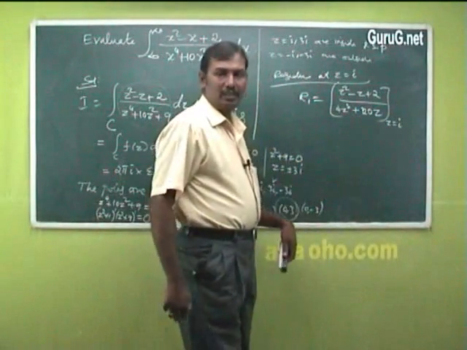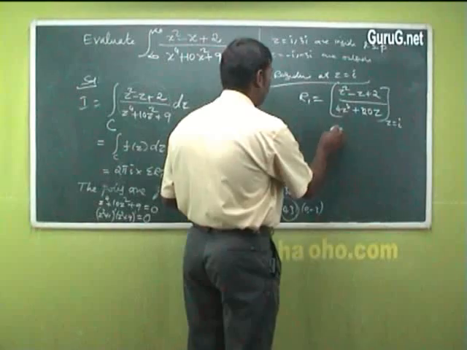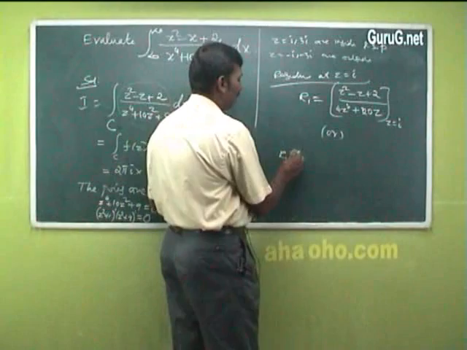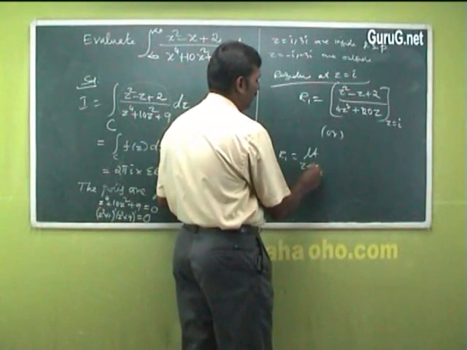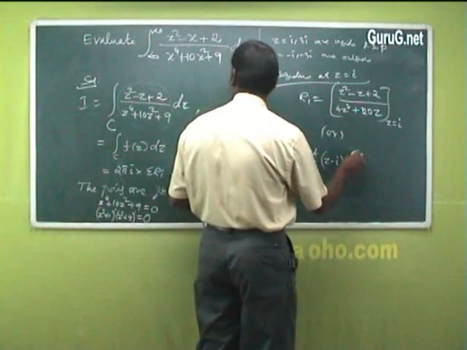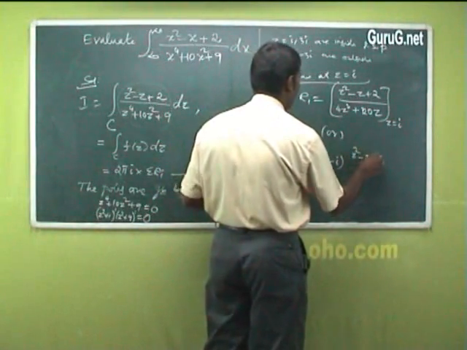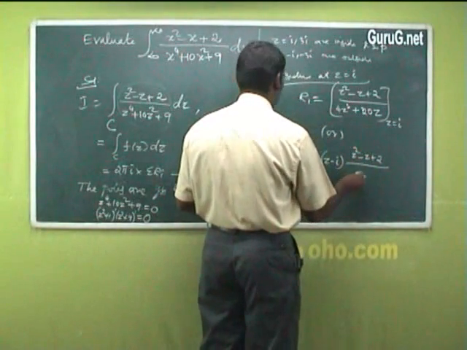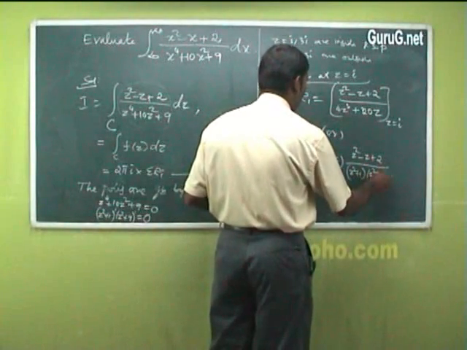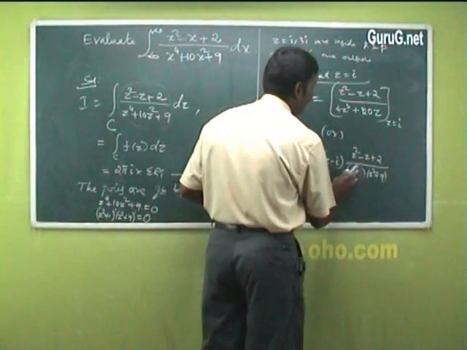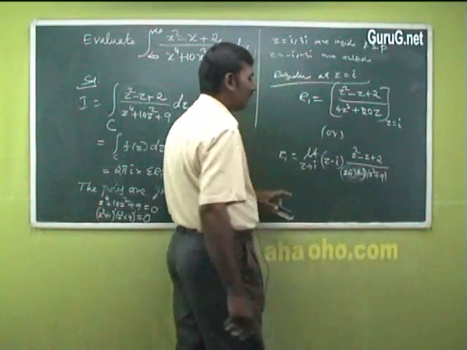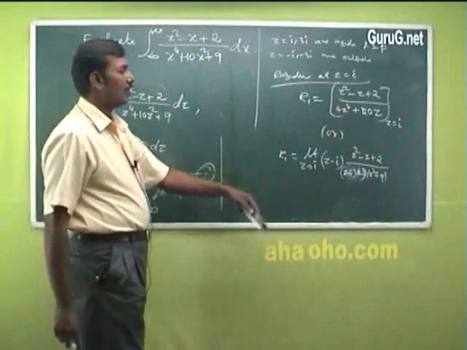You can apply this formula, or there is another formula I have given. r equals the limit as z tends to I of z minus I into f of z. Here z squared minus z plus 2 over z squared plus 1 into z squared plus 9. I can write this as z plus I into z minus I. You can write the function like this.